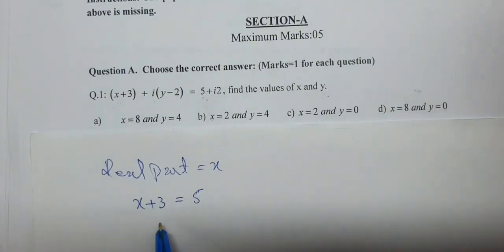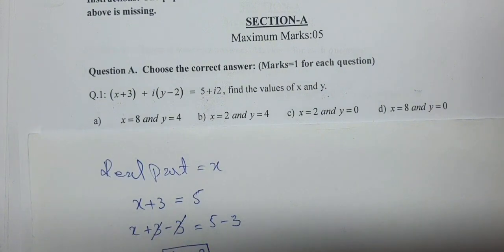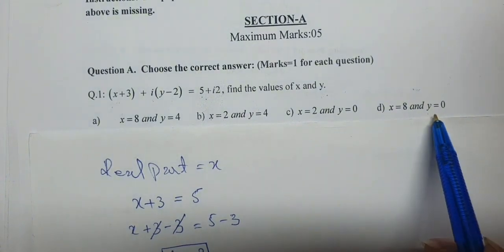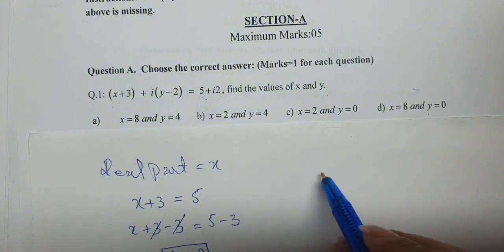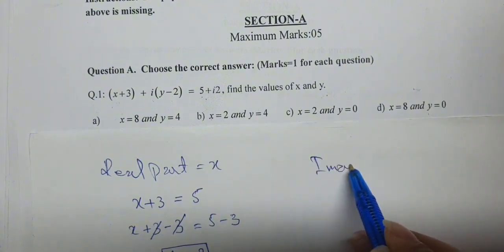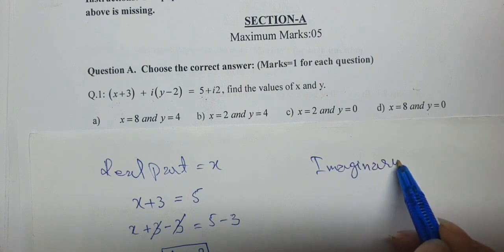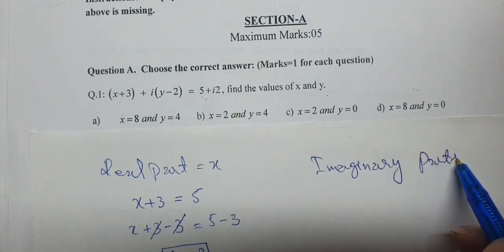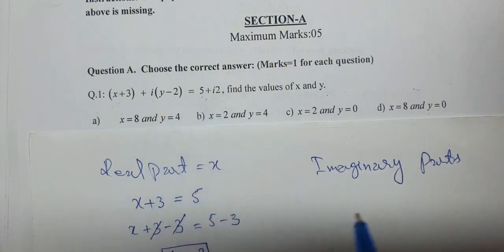So now we can easily solve this equation for the variable x. We need to subtract 3 on both sides of the equation, and we will be left with x equal to 2. Now for the value of the y variable, we need to equate the imaginary parts on each side of the equation.